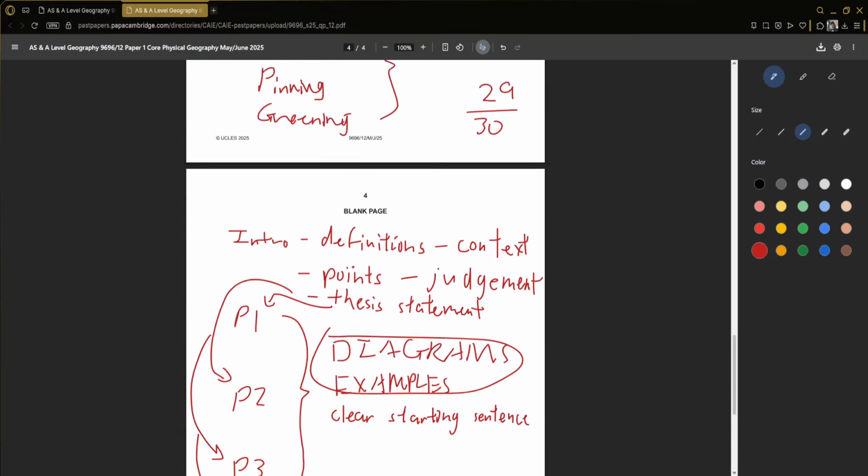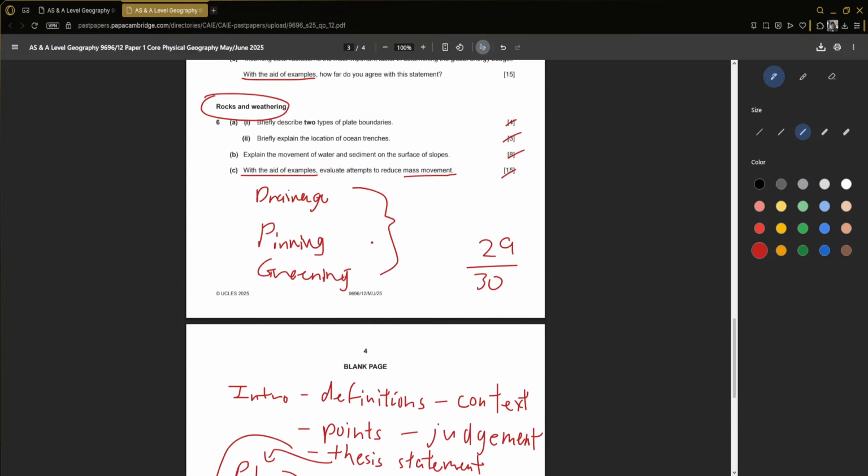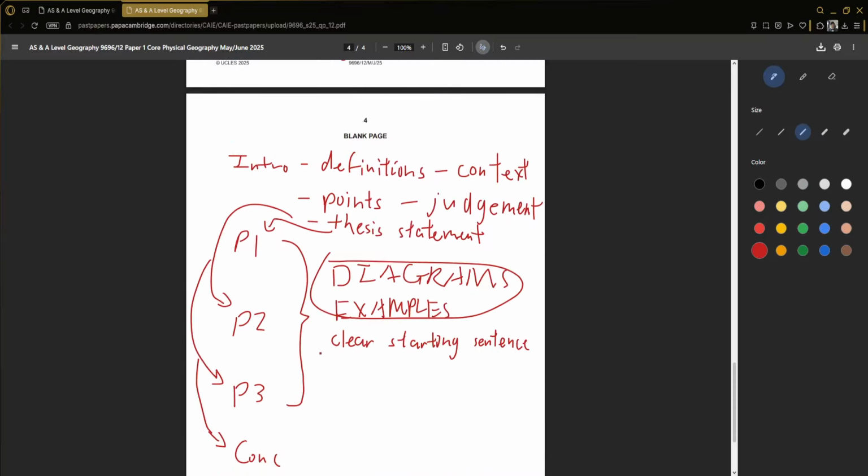Say, a management technique of mass movements that has been somewhat successful is drainage, full stop. That shows the examiner that you're going to talk about drainage in that paragraph. Talk about pinning, say pinning. If you want to talk about greening, say greening. Make sure that the examiner knows what you're going to talk about because that just makes everything structured and makes them like you more, so they might give you more marks.